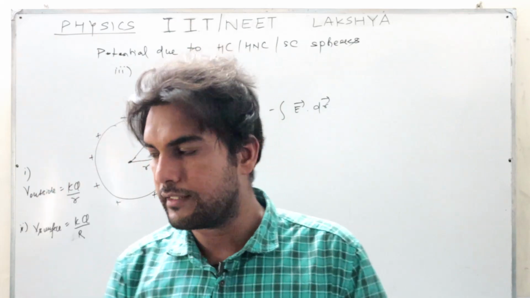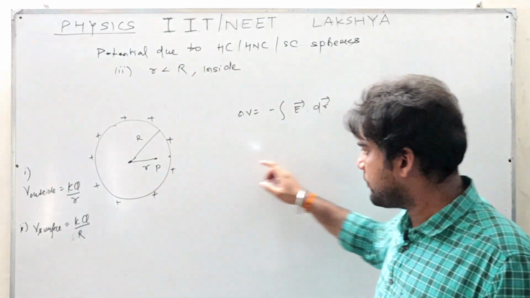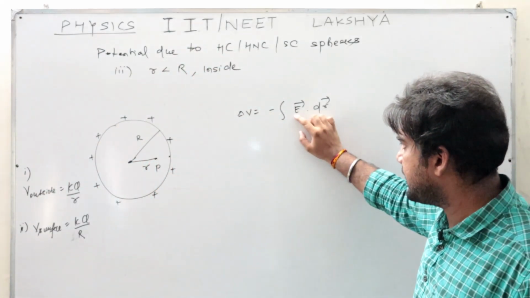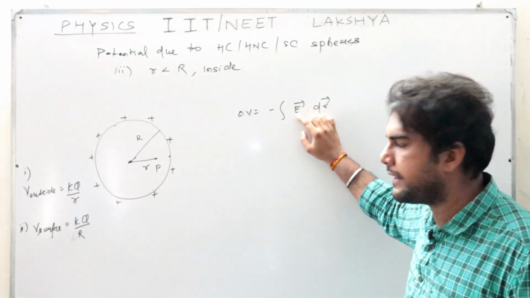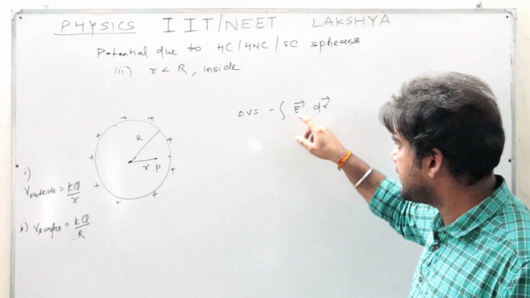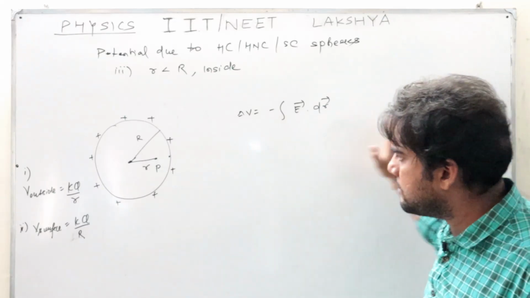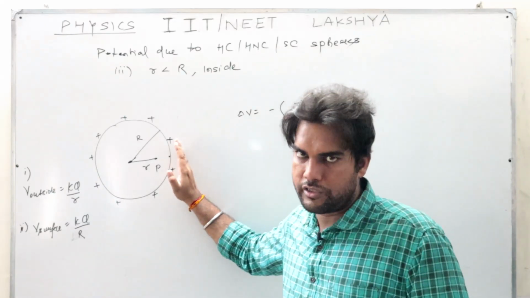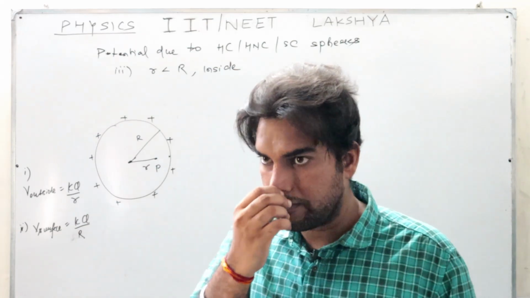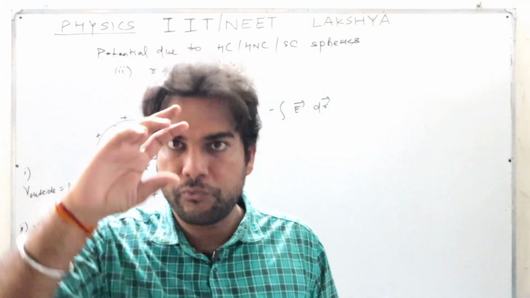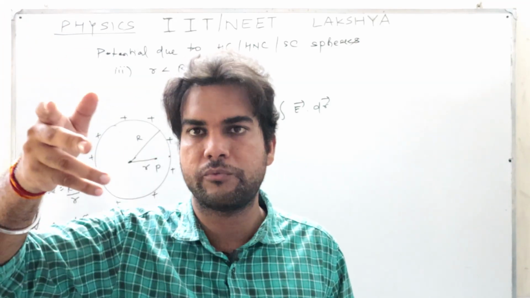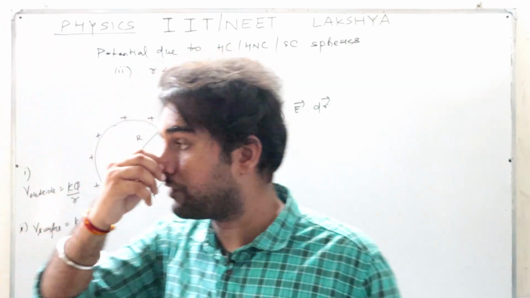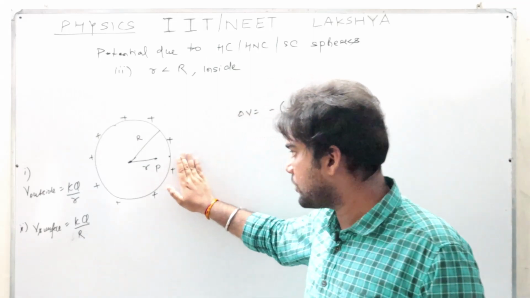What I am trying to say is, see what is the integrand here? Electric field is the integrand. Integrand means the function whose integration we are carrying out. So here the electric field from outside to on the surface has the same function, which is kq by small r square.